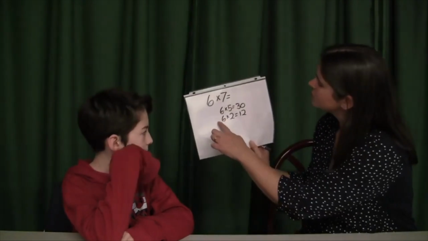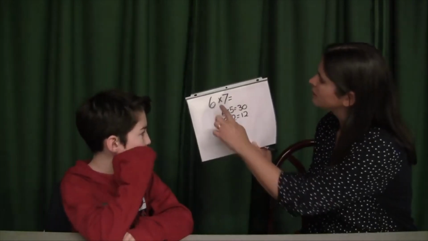I want to solve 6 times 7. And I'm thinking in my head, I don't really remember that one, but I do remember that 6 times 5 is 30. And I remember that 6 times 2 is 12. Do you know how I could use these 2 facts to help me figure out that one?